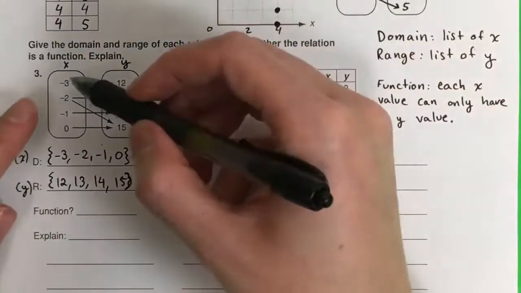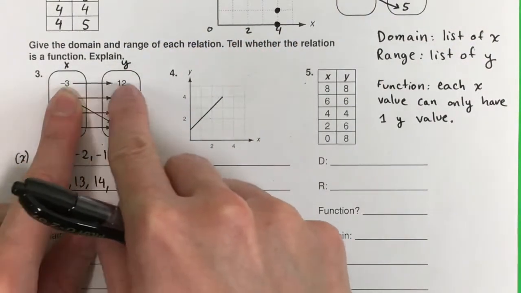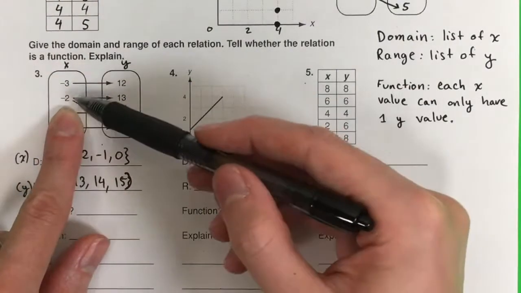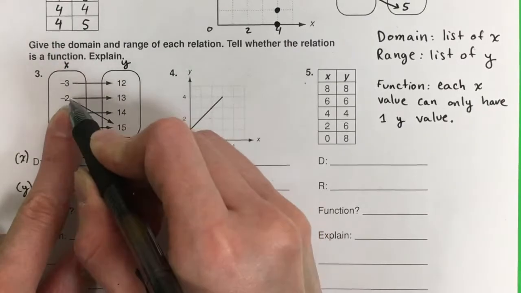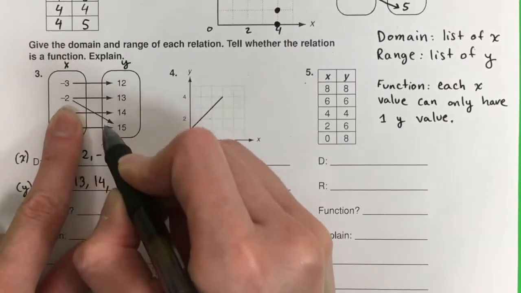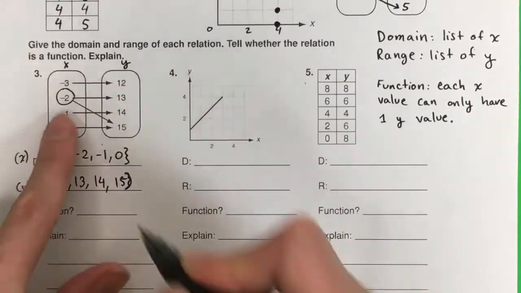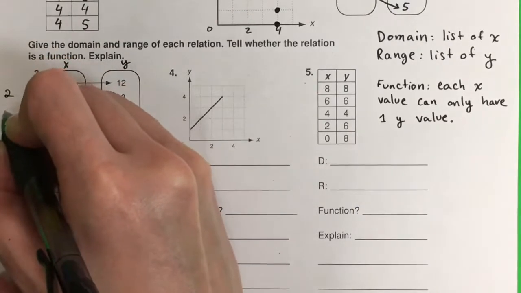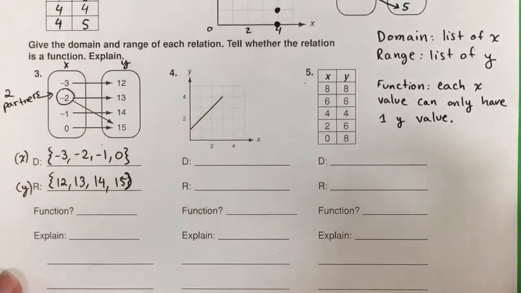Okay, so let's take a look at x. -3, here is x, has one partner, 12. If you look at -2, how many partners? ¿Cuántas parejas? It looks like it's 2, hay dos. So this is not a function, no es una función, because this one right here has 2 partners. Dos parejas, dos números por y.